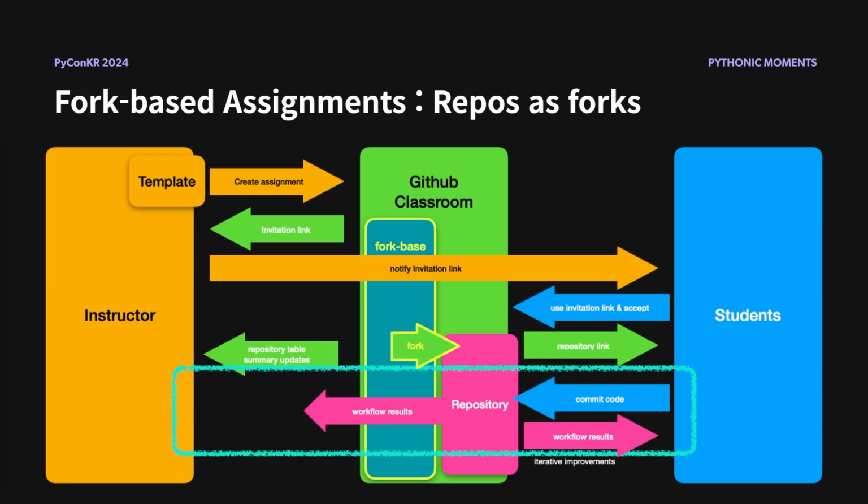So conceptually, if we go back to the previous diagram, after I create an assignment, GitHub Classroom will make this fork-based repository here. This is a separate repository from the template, and students' repositories will be generated as forks of this repository.